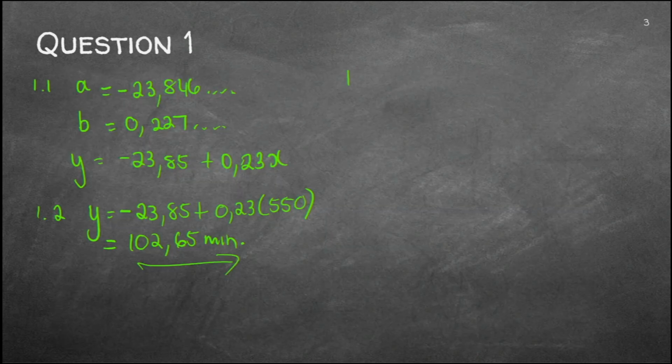For 1.3, just go back to your calculator. Fortunately, we didn't erase any of the data. It's still captured in the background. If you calculate R, you will get a value of 0,98. That is really high, which means if we need to interpret it, it is a strong positive correlation.